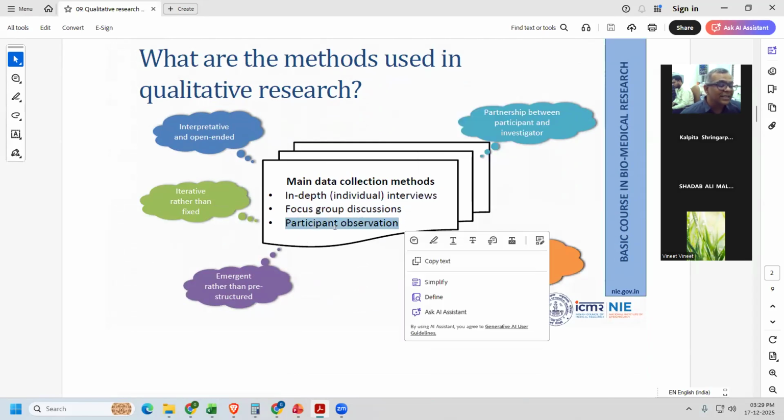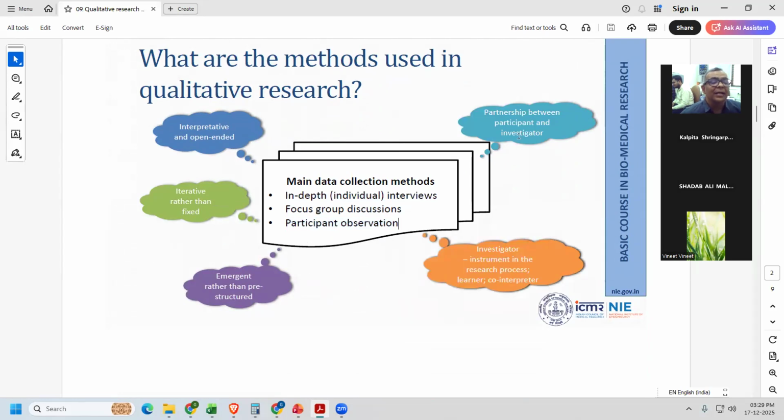So basically, what is happening in all these methods? There is a partnership between participant and investigator. Here, the investigator or instrument becomes a part of the process. Even learner and co-interpreter are also a part of the process. It is emergent rather than pre-structured, because if I ask somebody why they like coffee, then based on how they respond, we go more and more deeper.